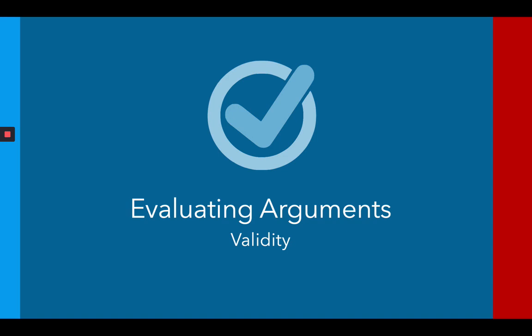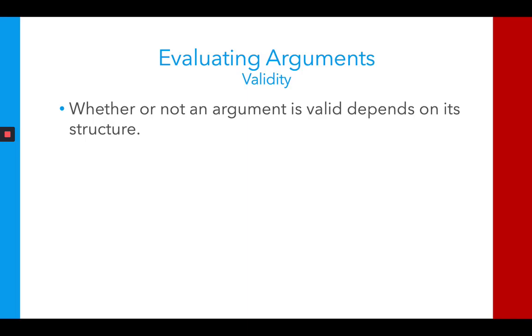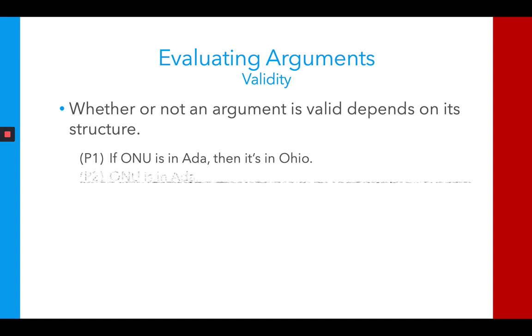So let's say a little bit more about validity, then we'll say a little bit about truth, and then we'll be done. Whether or not an argument is valid depends on the structure. I've already hinted at this a bit, but here's an argument. If OU is in Ada, then it's in Ohio. Premise 2, OU is in Ada.